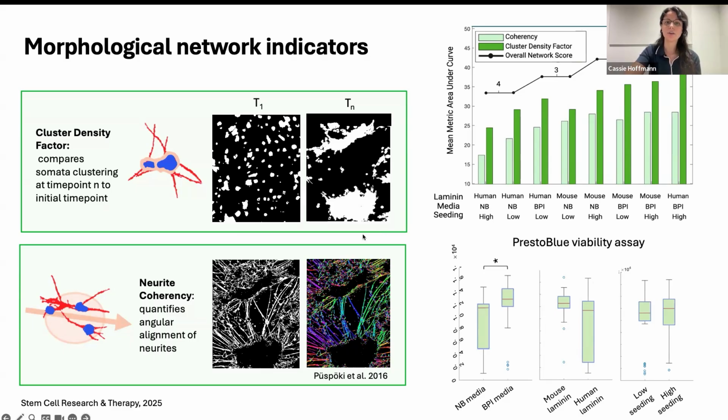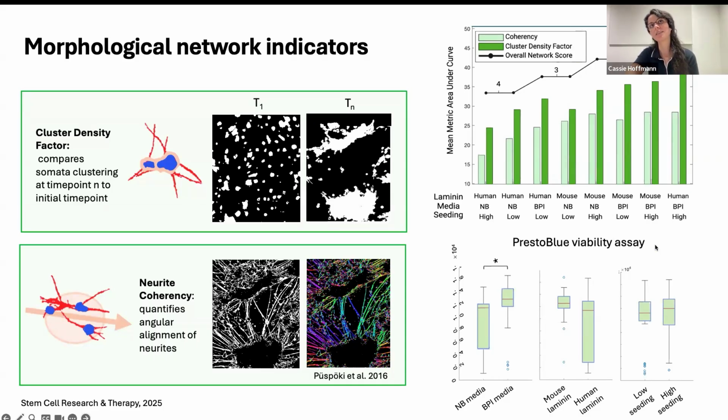I used these two indicators to quantify the phototoxicity conditions that I was talking about before: laminin, media, and seeding density. I ranked each of the conditions by these network indicators. You can see that the three top-ranked conditions all had the BrainPhys imaging media in them.